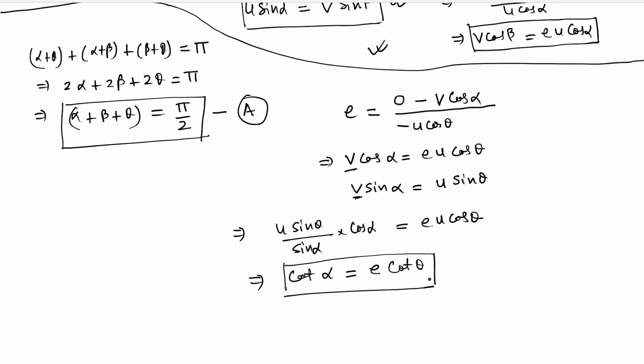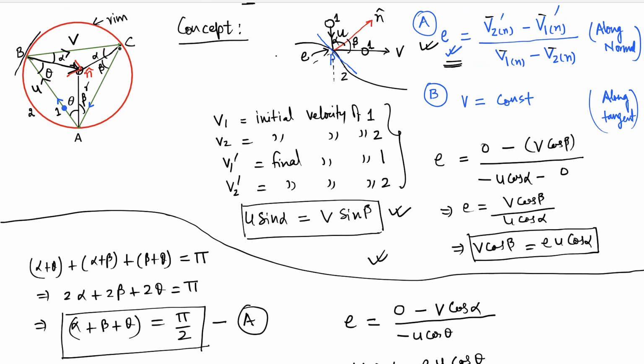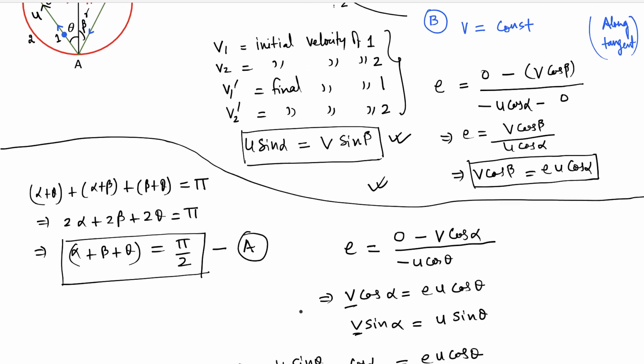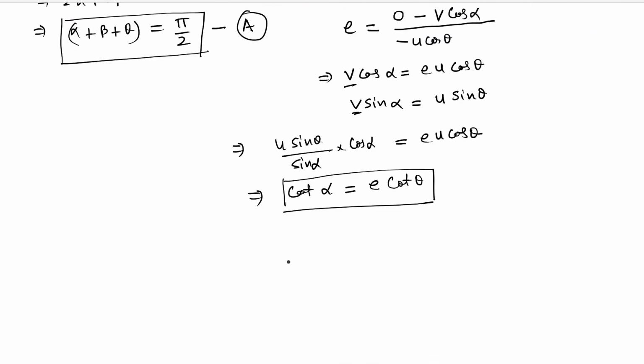Then you can again do the same thing for point C, or we can just use the symmetry and write the second equation as well. So we can write the second one as cot beta equal to E cot alpha, and therefore this could also be E into E cot theta, which is cot beta equal to E square cot theta.